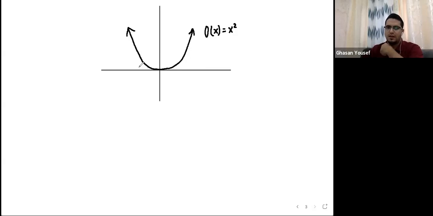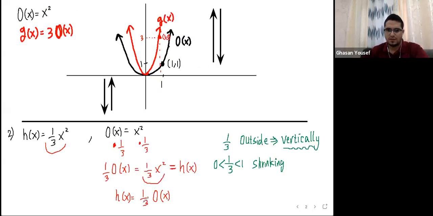Okay, now I need to graph the function h of x. My goal now is graphing h of x equal 1 over 3 x squared, and this is equal to 1 over 3 O of x.